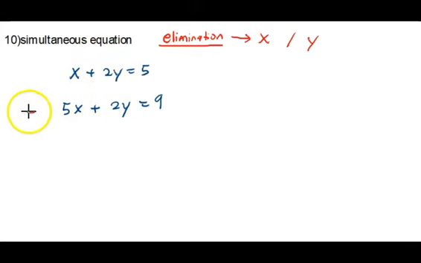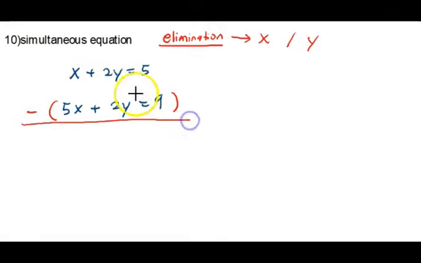So now we are going to minus this. Now x minus 5x, we are getting negative 4x. Now look here, positive 2y minus 2y, we are getting 0. Okay, there's no value. Now 5 minus 9, we are getting negative 4.